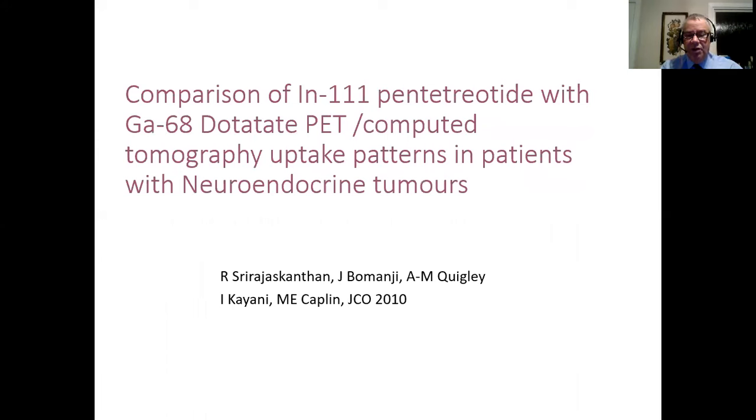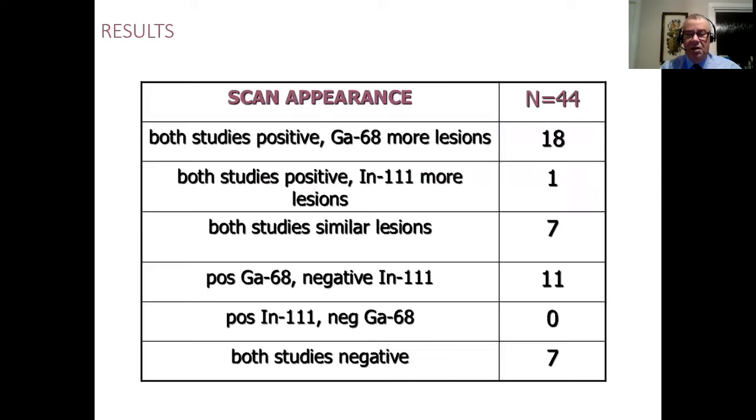So this is some work that was done just as I was leaving the Royal Free in 2010. And here they were comparing pentetreotide and gallium-68 DOTATATE in patients with neuroendocrine tumors, looking at the difference between the two.